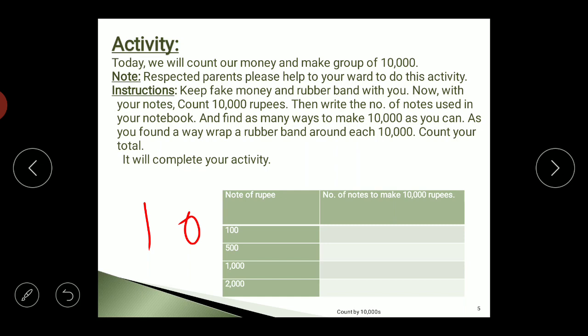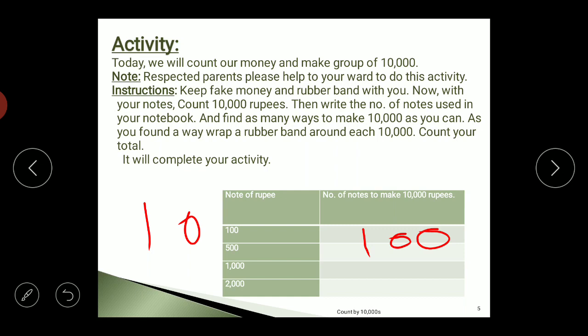The next place is 1000. Each higher place is 10 times the last place. So we need 10 notes of 100 to reach 1000, and the next place after 1000 is 10,000. So again we need 10 notes. Here we reach 10,000 by multiplying 10 and then multiplying 10. So 10 tens are 100, so we need 100 notes of 100 to reach 10,000. The rest you have to do yourself.